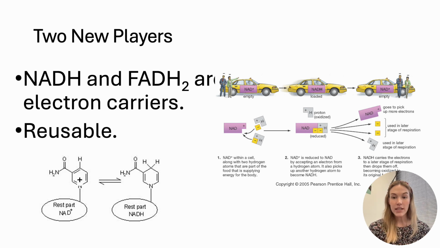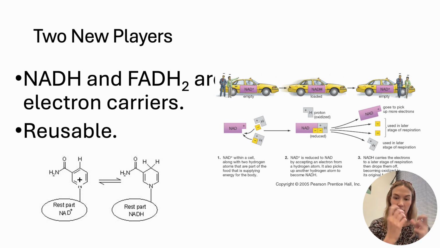Okay, now there are a couple of new players. If you watched photosynthesis, then you should be aware of a molecule called NADPH. NADPH does not show up in cellular respiration. Instead, our electron carriers are NADH and FADH2. Just like NADPH, they are reusable. Their whole job is to take electrons and then drop them off.